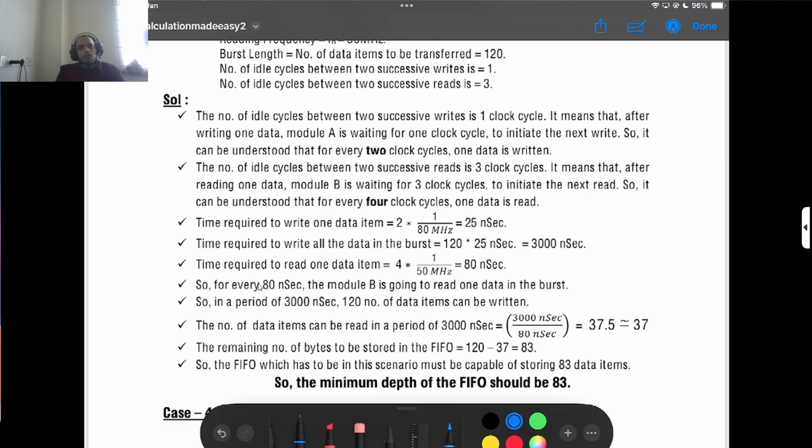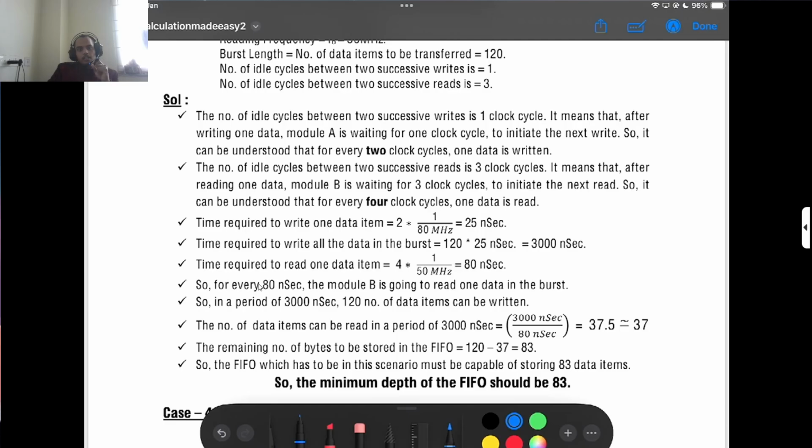The number of idle cycles between two successive writes is one clock cycle.